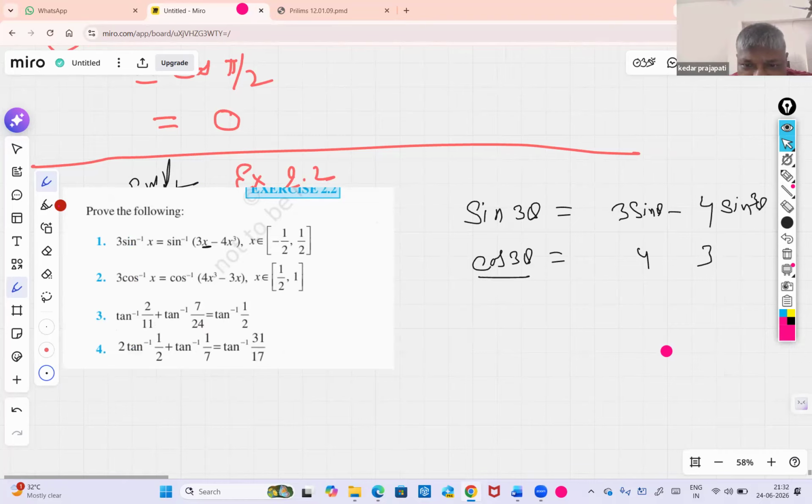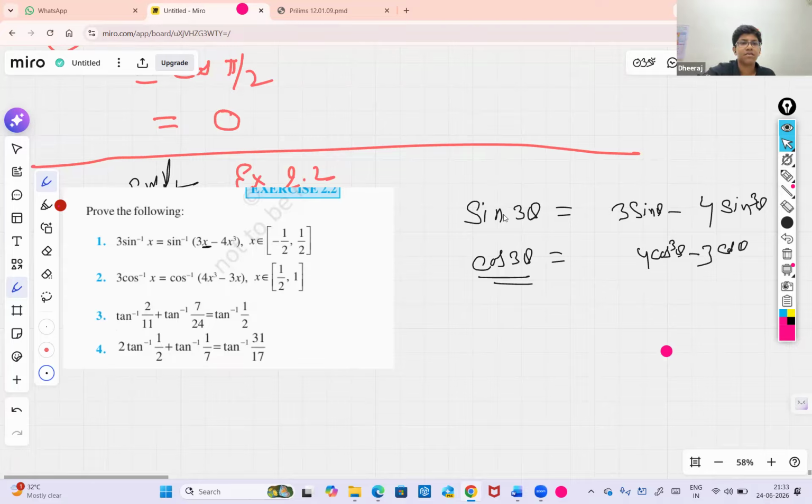And cos 3 theta will be 4 cos cube minus 3 cos theta. 43 rule, is that your understanding? 43 and 34.